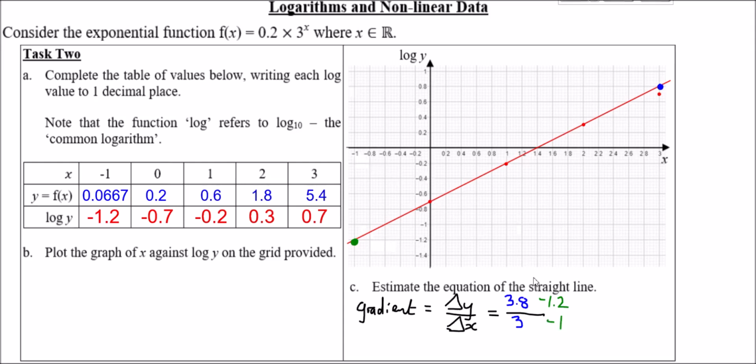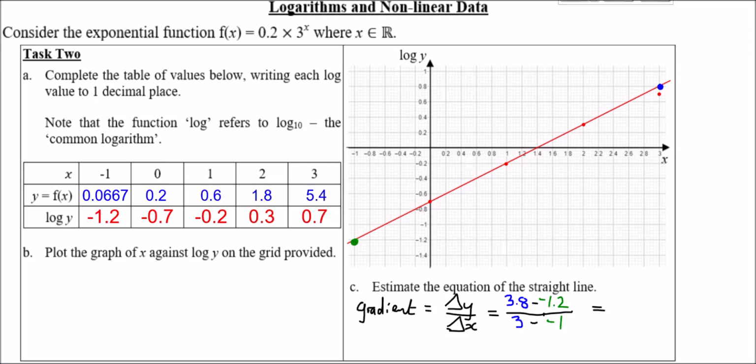So gradient is change in y over change in x. So change in y is y1 minus y2. Change in x is x1 minus x2. So as you can see, we're going to get here minus a minus, which gives us a plus. And so this one here, I've just spotted, in fact, what am I playing at? My mistake, everyone. So change in y, first of all, this y here is 0.8.